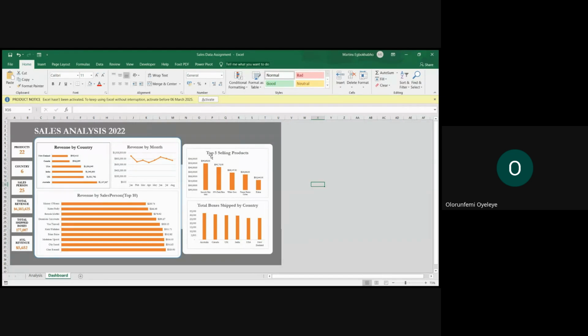And we have the top 5 selling products, with Smooth Silky Salty being the top selling product, and Australia having the highest number of shipped boxes during the year. Here is our revenue by salesperson, with Chess Bonnell being the highest revenue-making salesperson on the list.